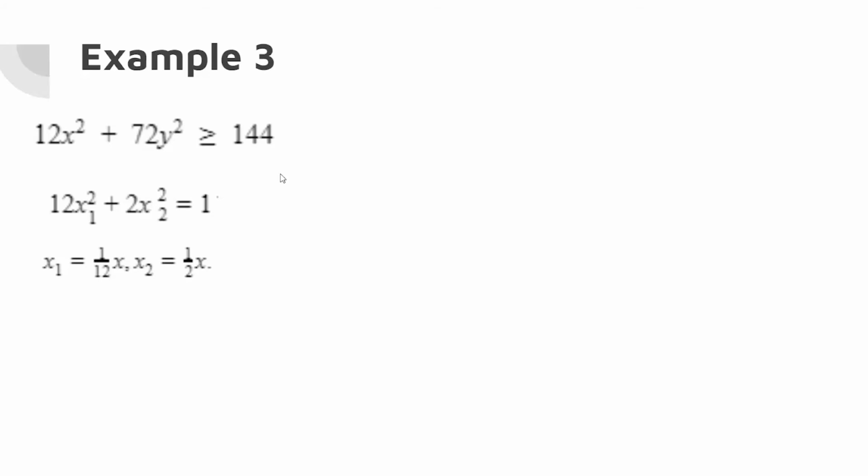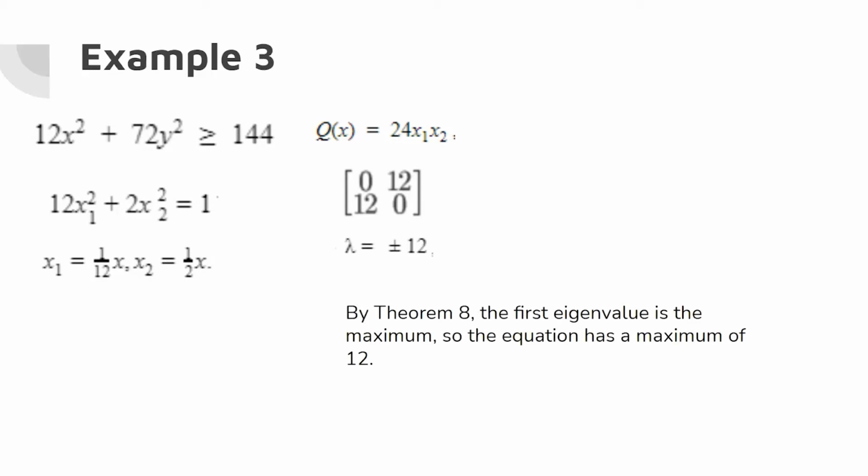The constraint x transposed x equals 1 is given, so q of x is equal to 24 x1 x2, meaning that A is the matrix 0, 12, 12, 0. By this we know that the eigenvalues of A are plus or minus 12, and the maximum value of the equation is 12, according to Theorem 8, where the eigenvector is 1, 1.